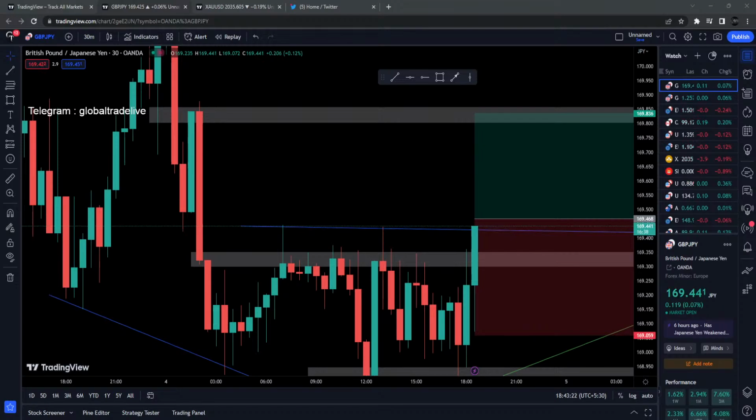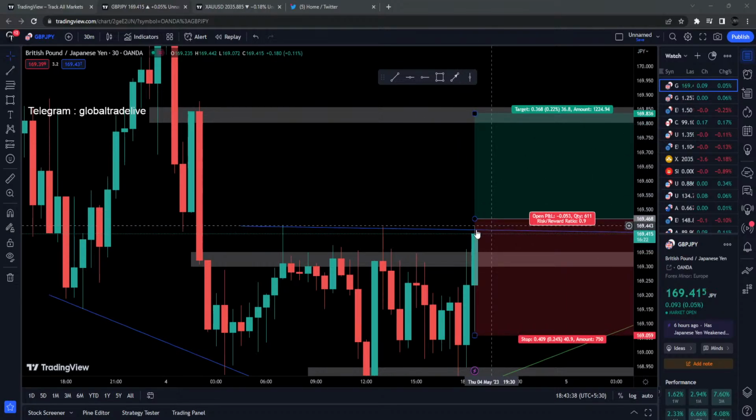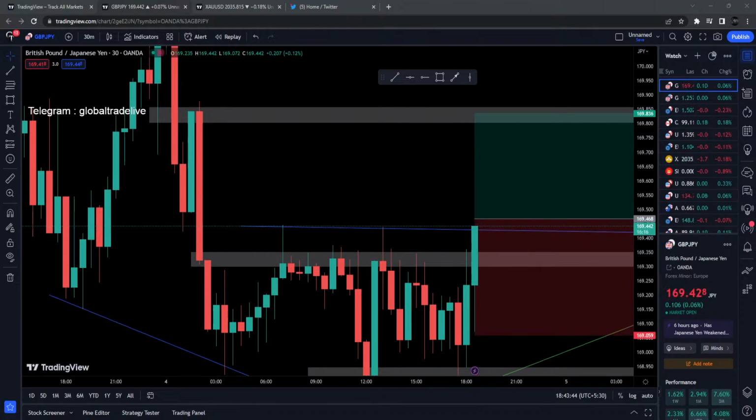So yeah, let's see if we can grab this one. So the majority of the traders have entered buy over here once this candle breaks the high of the previous one, right? But we are waiting for the candle to move a little bit more up.